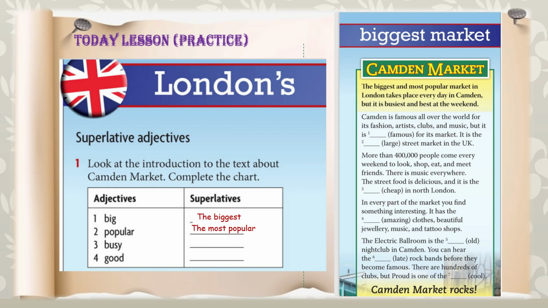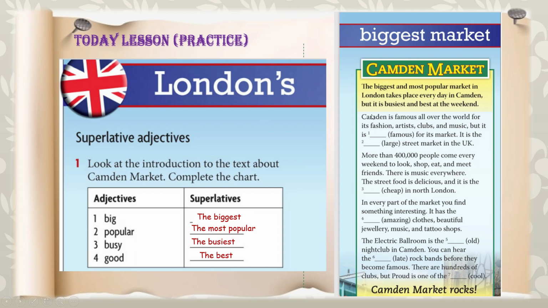Next word, busy, becomes, yeah, "the busiest." The word busy ends in y, so when we change to superlative, we have to change y to i and add est. Okay, the last word, good, is an irregular adjective, so it becomes just "the best." Okay, so we have done our first practice.